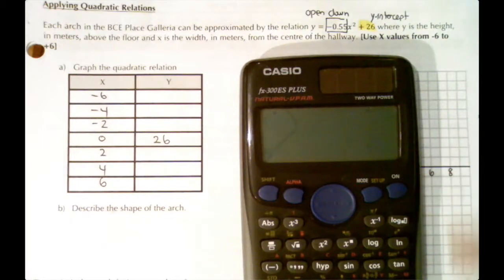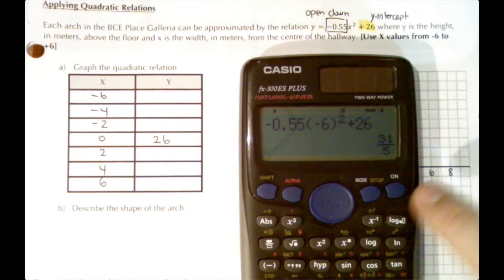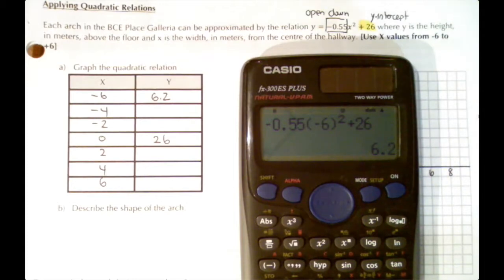So let's do that. Our equation is -0.55, and then we're going to put our x's in. My first x is -6. We're going to square it, and then we're going to add 26. There's our equation. If I hit equals, I get 6.2. And I'm going to use that trick I showed in the last lesson.